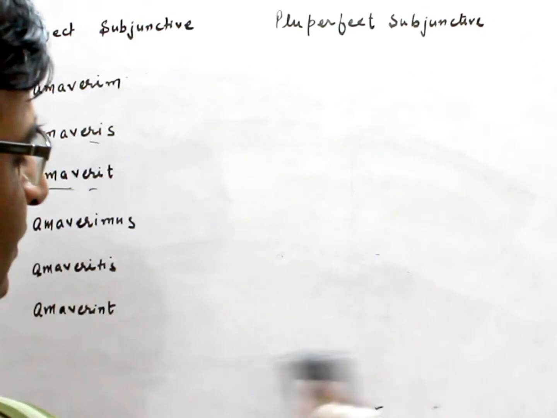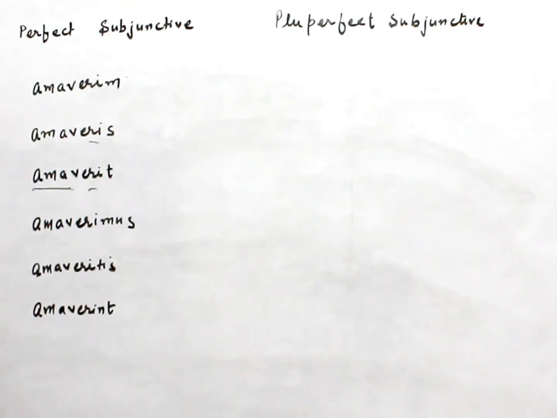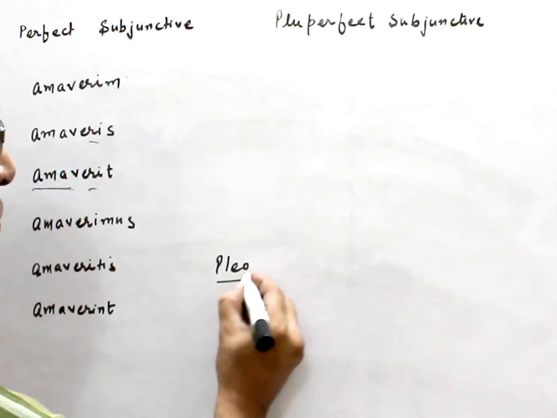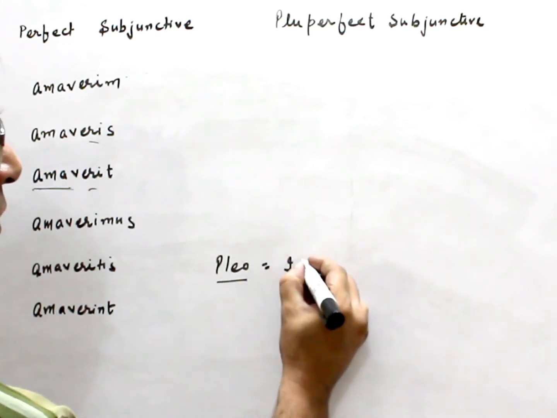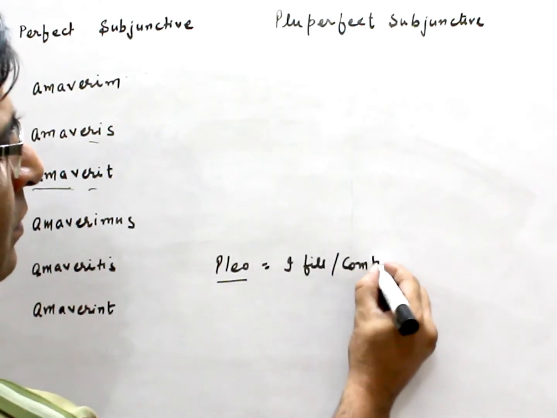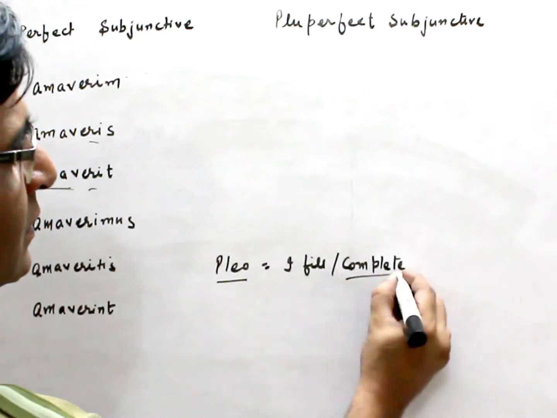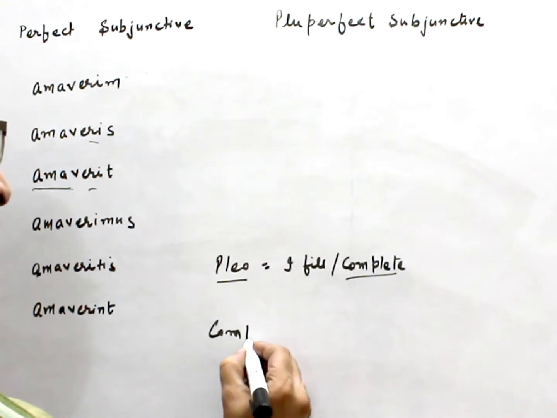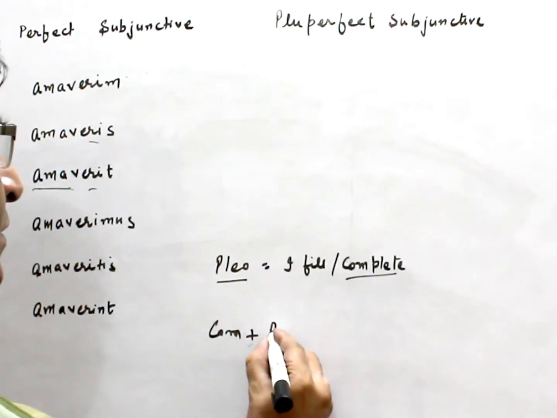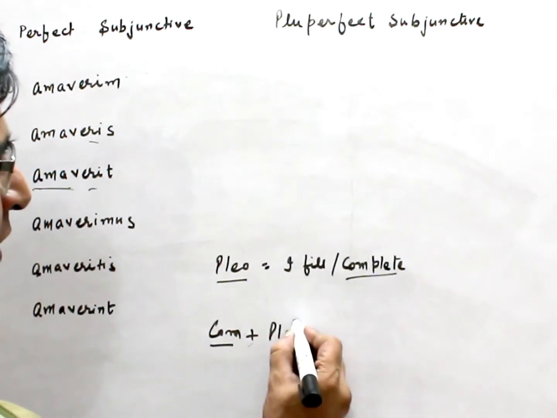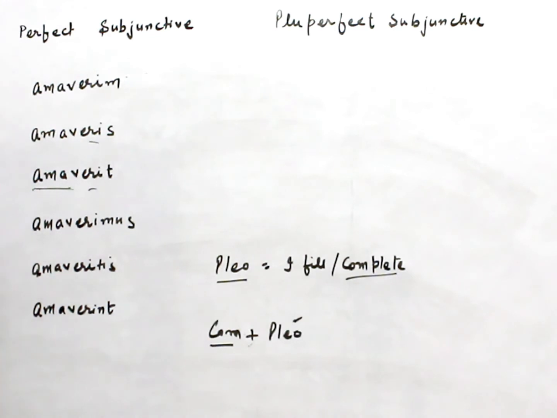So pluperfect is, now plu means much. Plu is much. Actually, this plu also comes from the verb pleo, that means I fill or complete. This is also the word complete. If we see, this comes from com plus pleo. That means com is together and pleo is fill together.